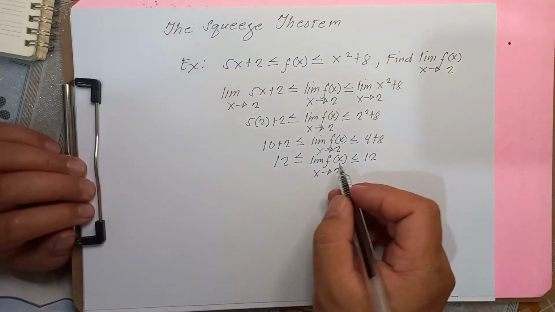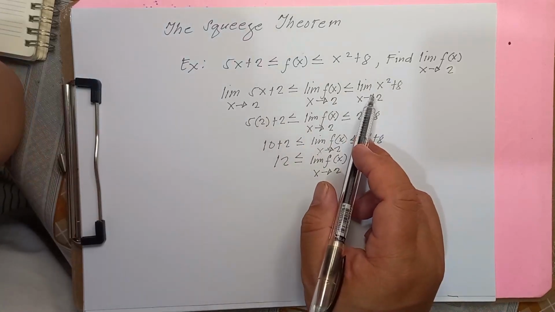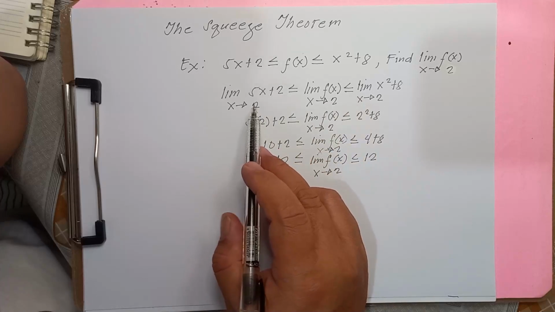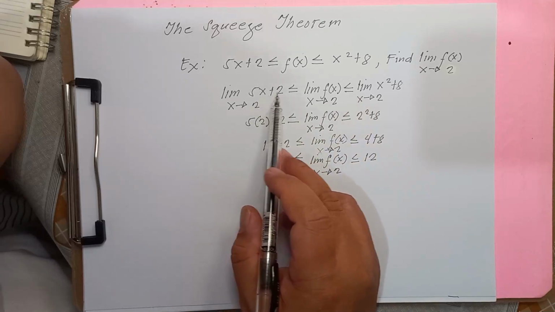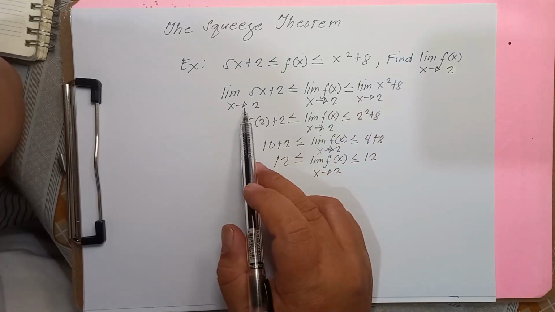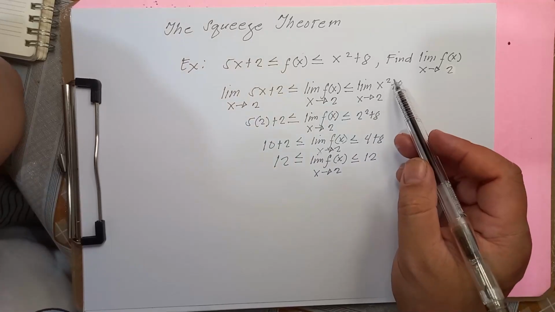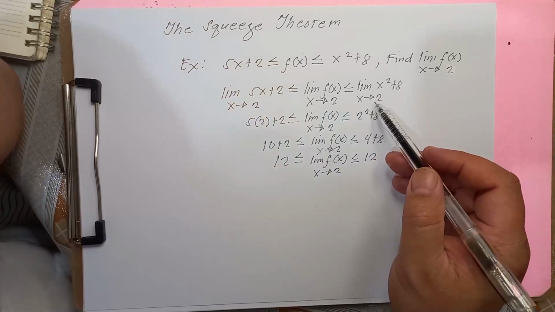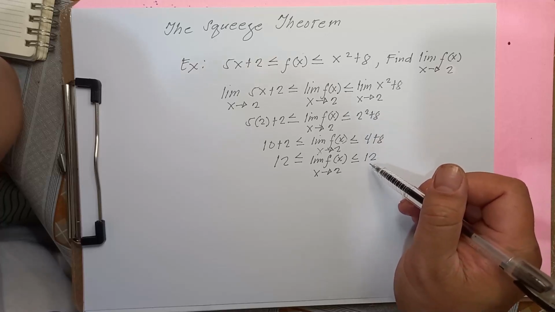Notice that the limits exist and are defined, and the limit of 5x plus 2 as x is approaching 2 and the limit of x raised to 2 plus 8 as x is approaching 2 have the same value, 12.